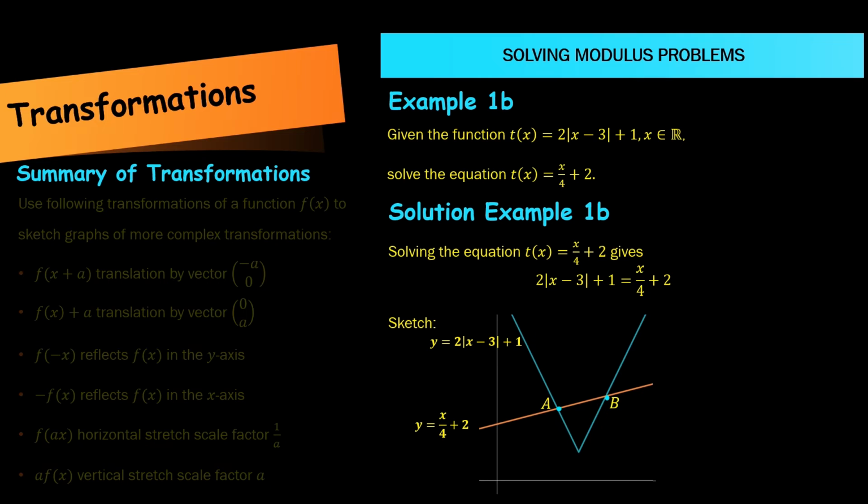These intersection points are denoted by point A and point B, as shown in the graph. At A, the line has been reflected for the modulus function, and therefore we're looking to find the intersection point of 2 times minus x minus 3 plus 1 with x over 4 plus 2.